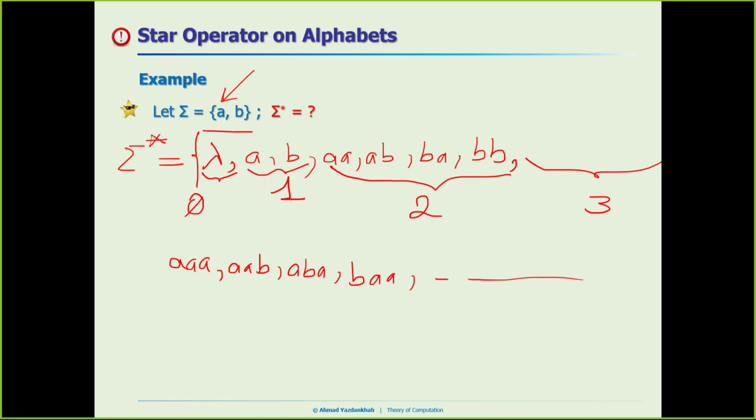The important point here is that sigma star contains all possible strings that can be made by the symbols of an alphabet, but you just pay attention to that zero or more concatenation.